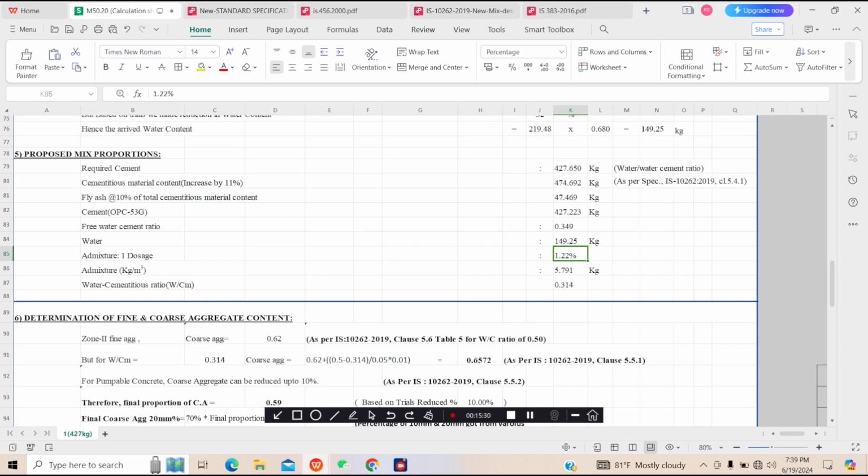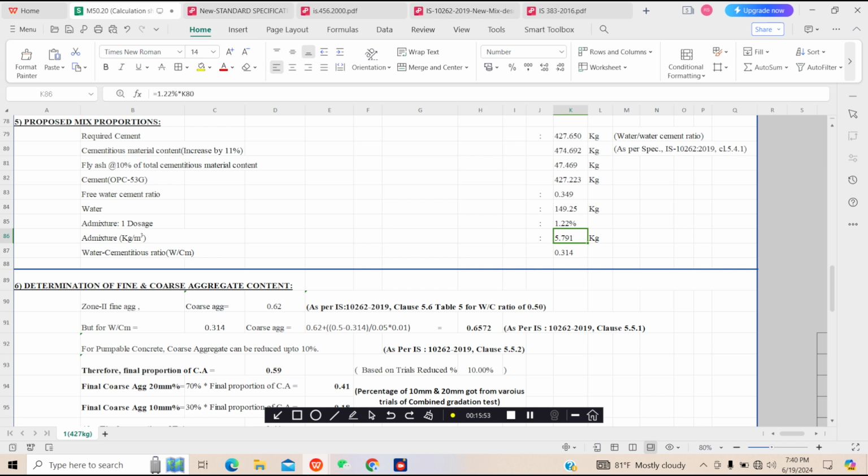So based on several trials, we have finalized this percentage of water reducing admixture to be used in our concrete. If we calculate 1.22% of the cementitious material, that is 474.692, we will achieve 5.791 kg.